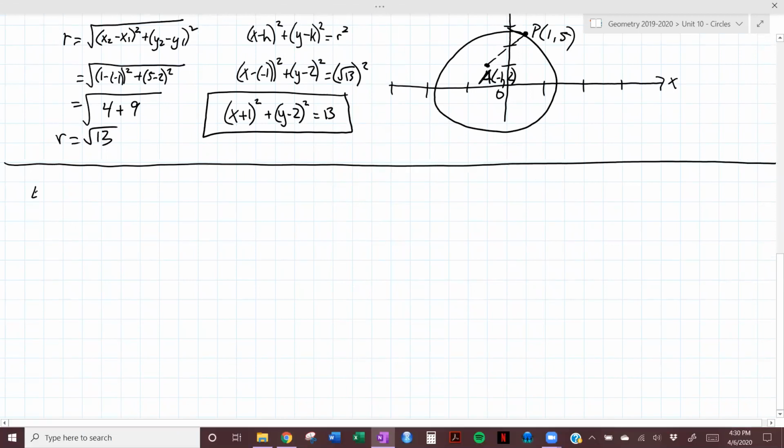Okay, example 3. We need to figure out if a point lies on a circle. We have circle Q. Circle Q has radius equal to 7 and is centered at the origin.